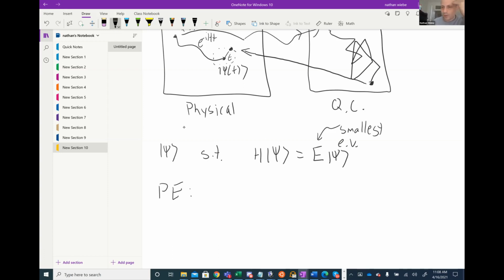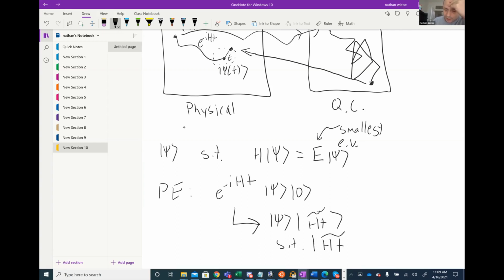And the way that this can be done in practice is using a process called phase estimation, which I'm sure most of you have heard about, that ends up taking e to the minus iHt acting on a state psi, and some extra qubits off to the side, and ends up mapping that to an approximation of Ht tilde over here, such that Ht tilde, the encoding of the phase, minus the actual phase, is less than or equal to some delta.